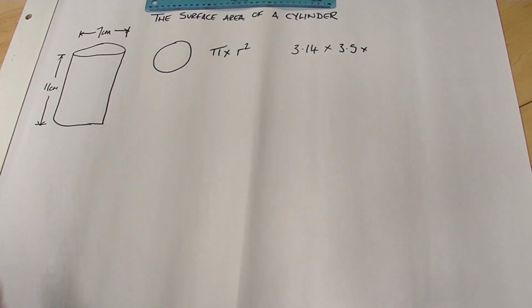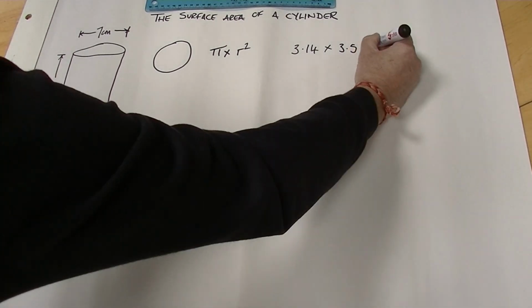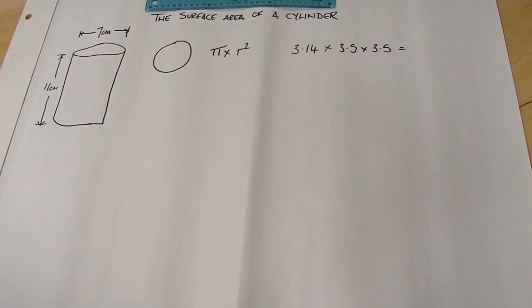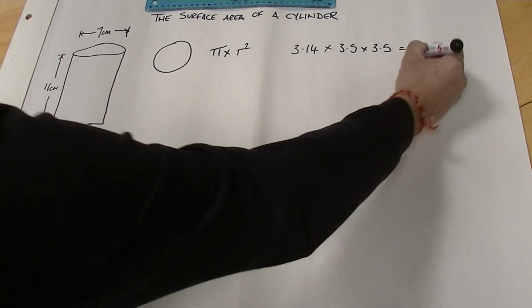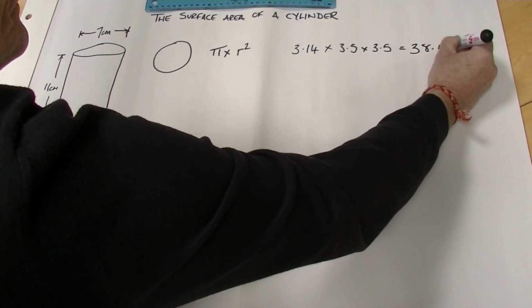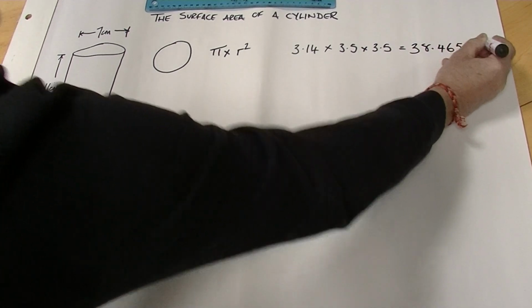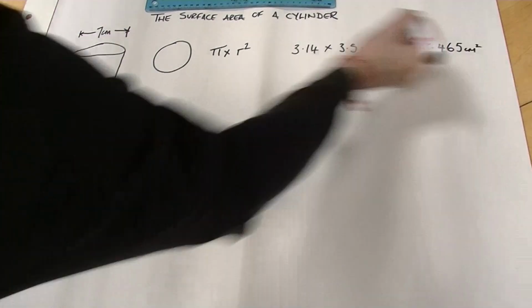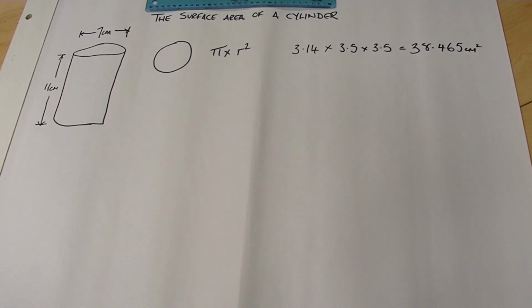The squared part of it means it's the 3.5 multiplied by itself. So we've got 3.14 times 3.5 times 3.5, which gives us 38.465 centimetres squared, because it's the area.